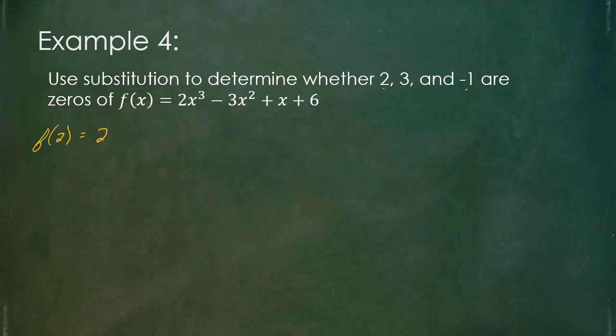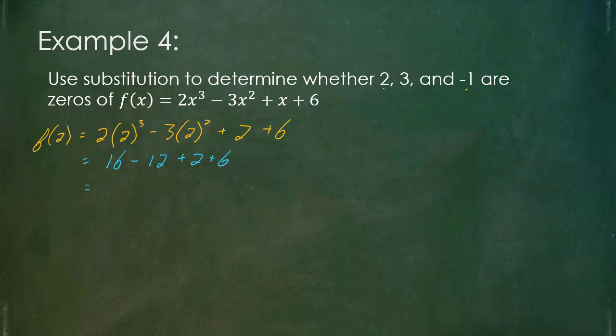So this first one's going to be 2 times 2 cubed minus 3 times 2 squared plus 2 plus 6. If I were to simplify each of these values, 2 cubed is 8, doubled would be 16, then minus 2 squared is 4, 4 times 3, that would be 12, so minus 12, then plus 2 plus 6.